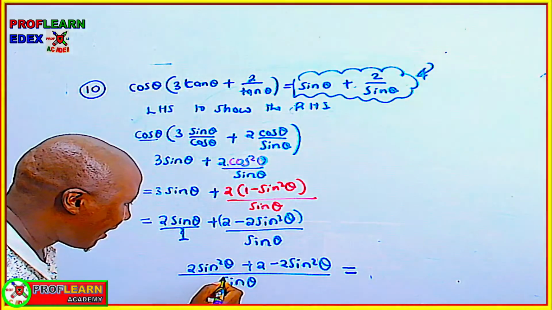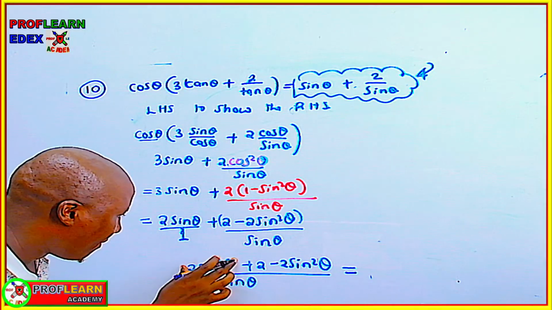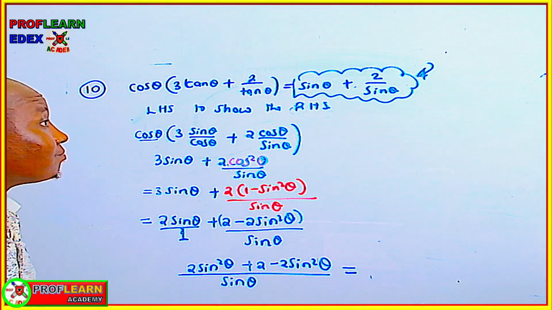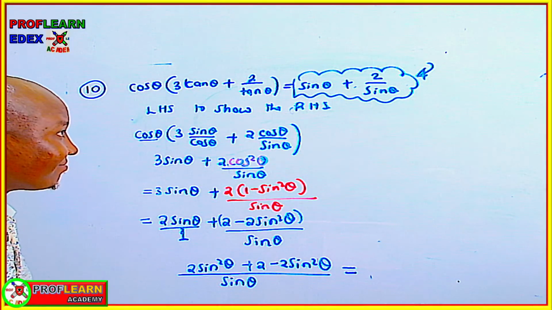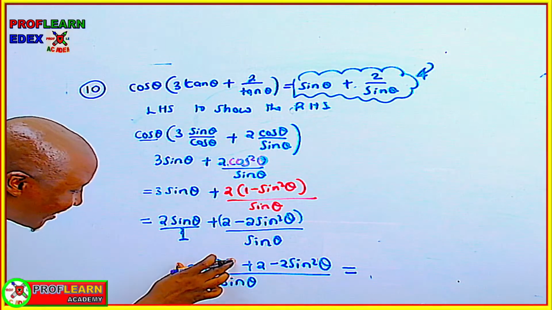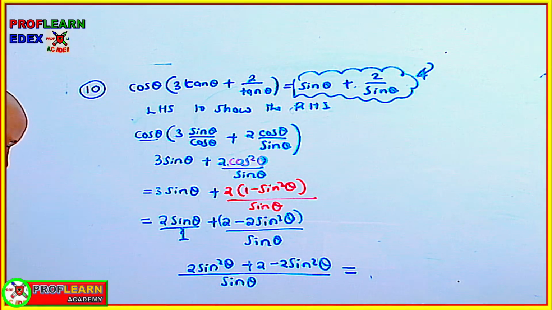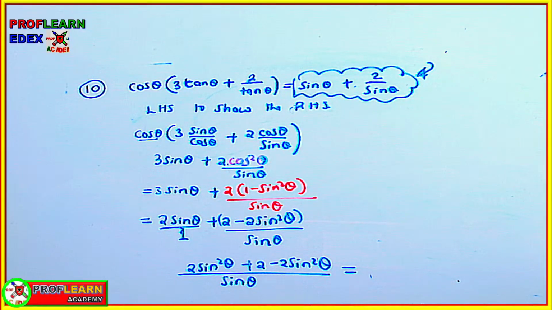If you take this guy and combine with this guy, what are we going to have? Is it matching up? Yes. We shall have 2 sine squared theta minus that to cancel out.